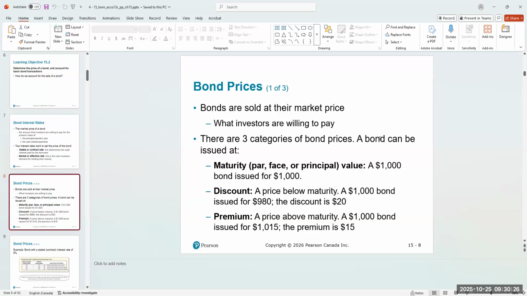So basically, we issue the bonds with a discount. And the other option is to issue the bonds with a premium, meaning that if I have to pay $1,000 after 5 years, today I can issue the bond for $1,015, $15 more than I have to pay in 5 years.